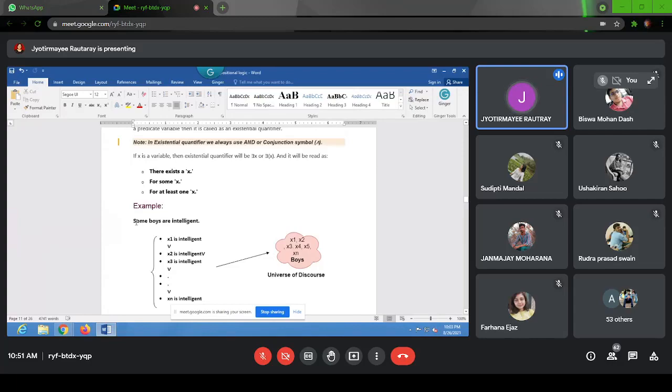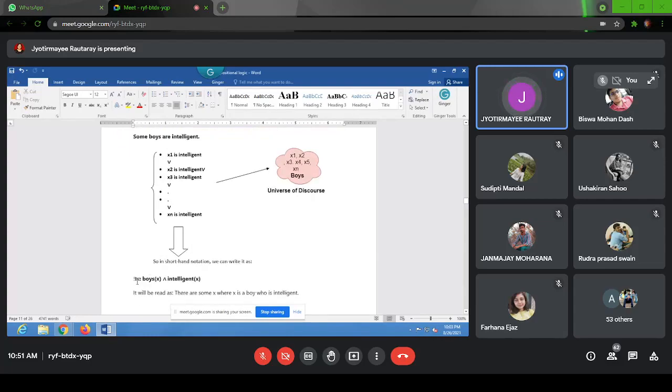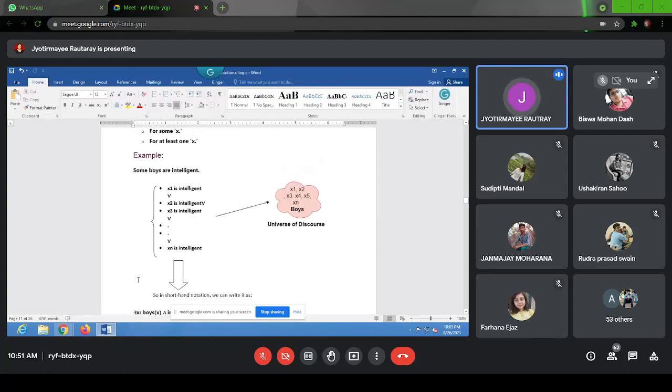Same as the universal quantifier, first use the "there exists" symbol, and a variable should always be attached. So there exists x. Who is x? x should be a boy.